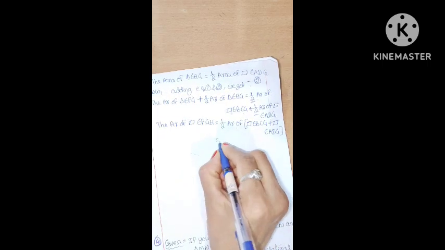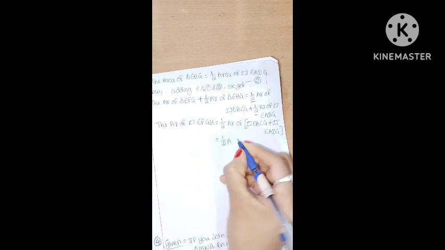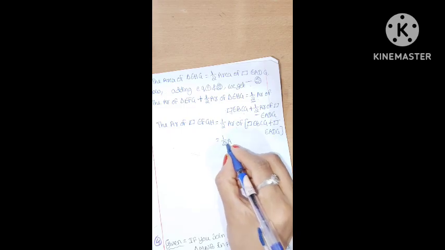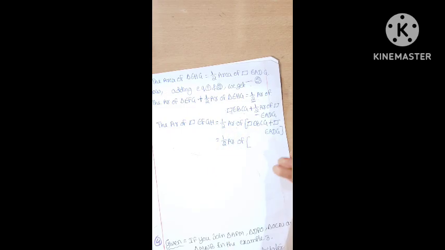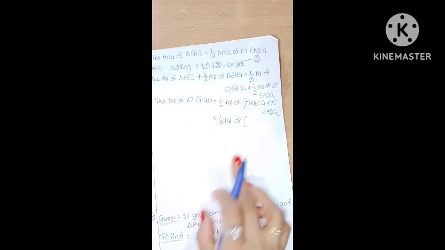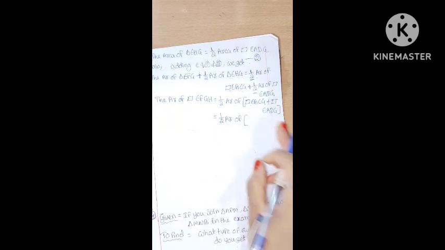Okay, are you clear? Of 1/2, it's nothing but the area of the sum of these two parallelogram areas.